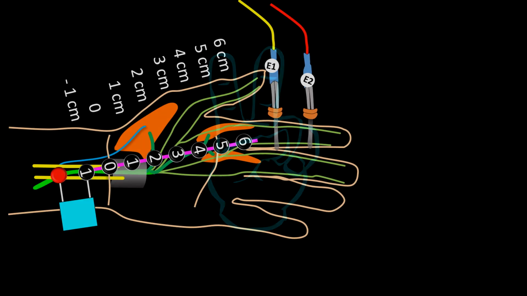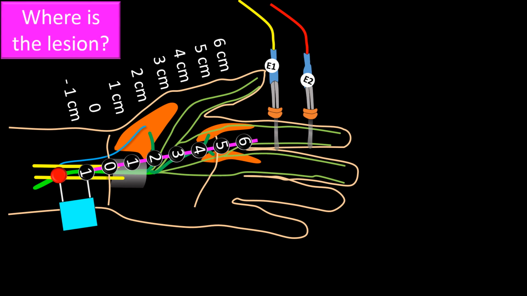Now I will show you an abnormal test. We will start with the same arrangement, but I want you to consider, as the results of the testing is given to you, about localization.